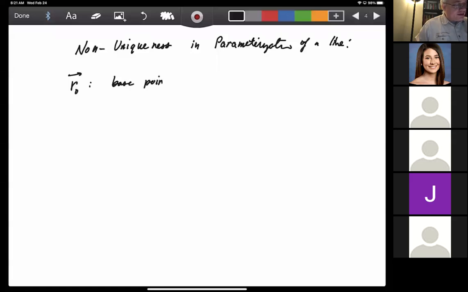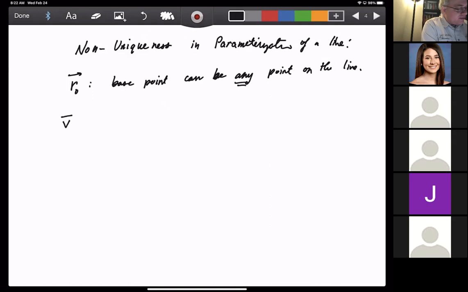So the base point on the line can be any point on the line. It doesn't matter which point you pick for R0. You just need some point which you know is on the line.